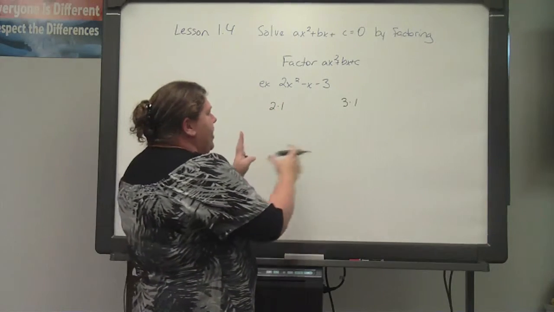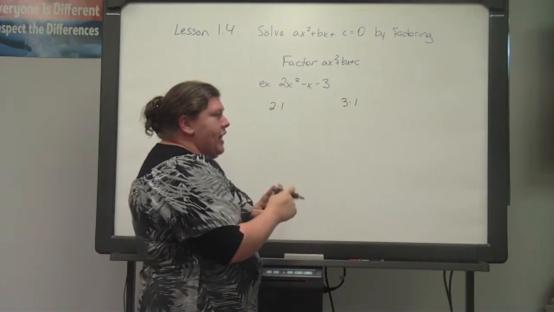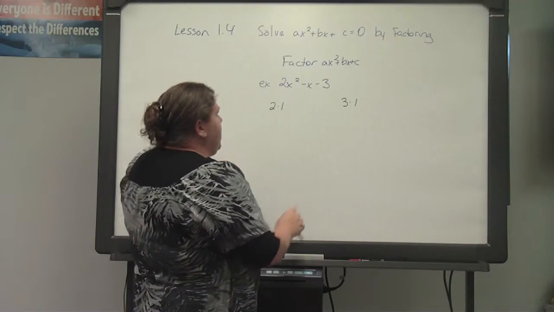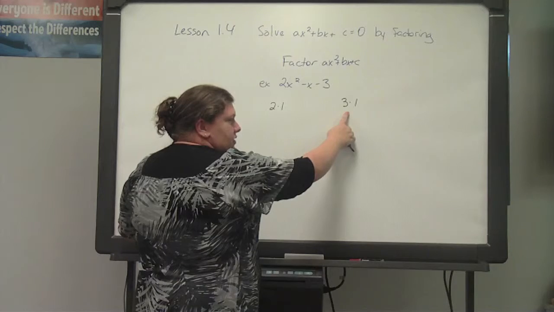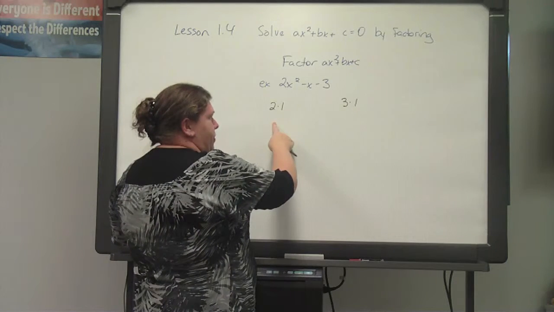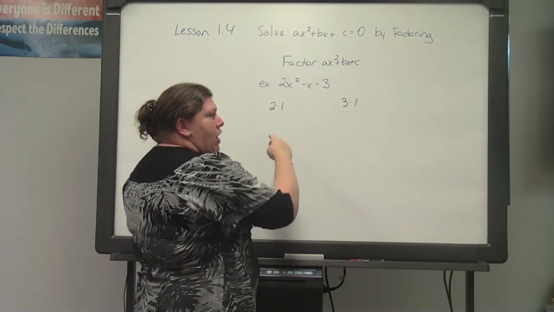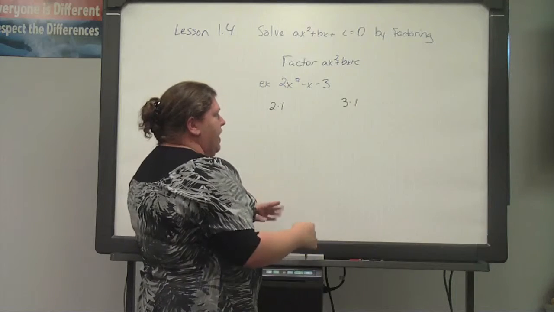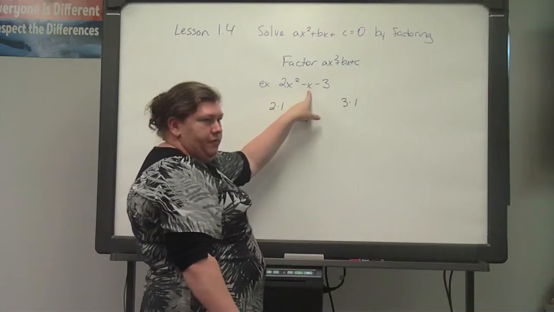Now, from here, the factors of the last number times the factors of the first number, then those answers added together, have to equal the middle.